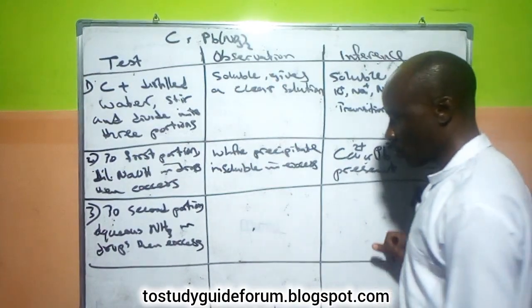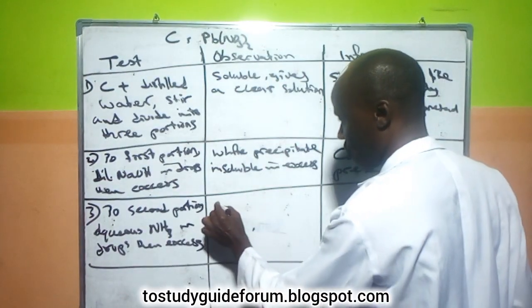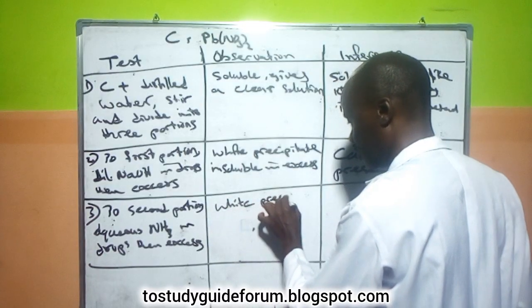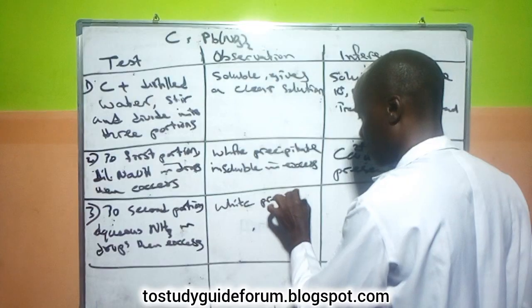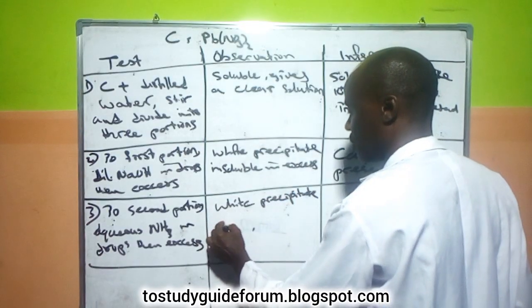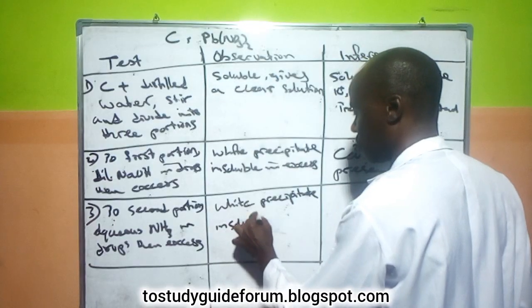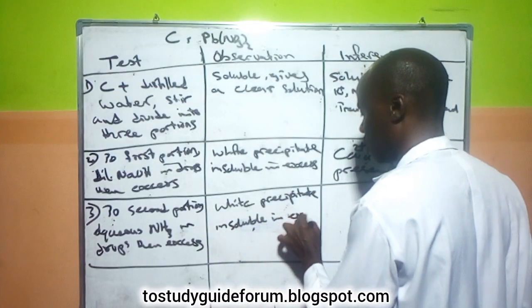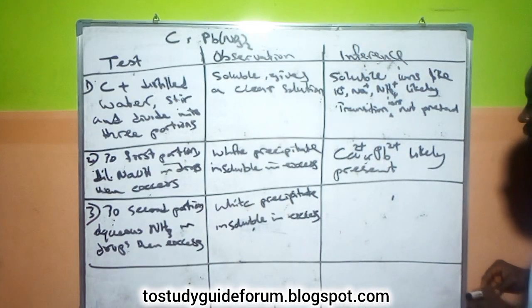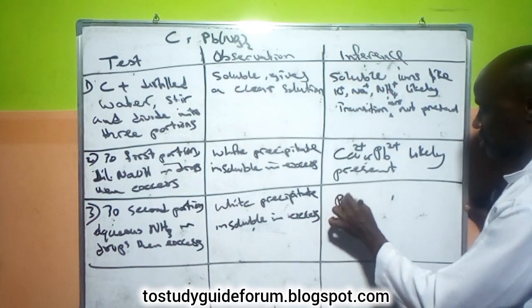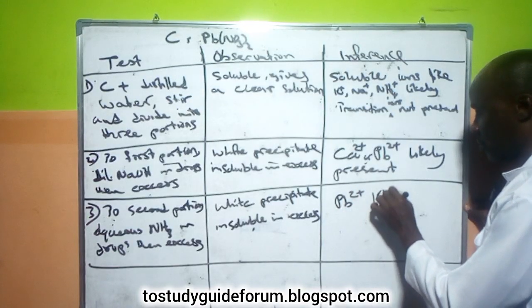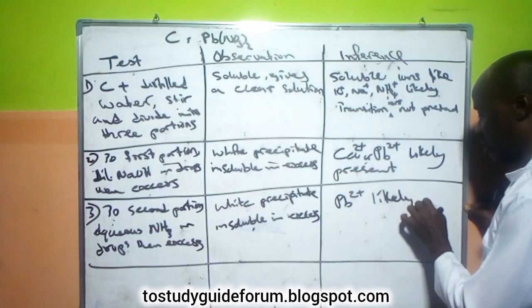In drops, we have white precipitates, then insoluble in excess. So being insoluble in excess, what we have here is lead ion, likely present.